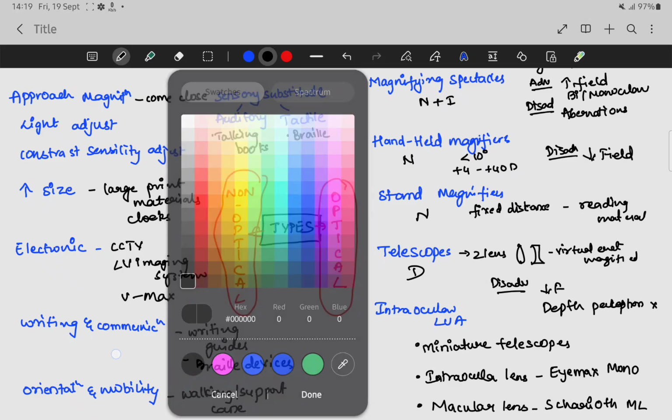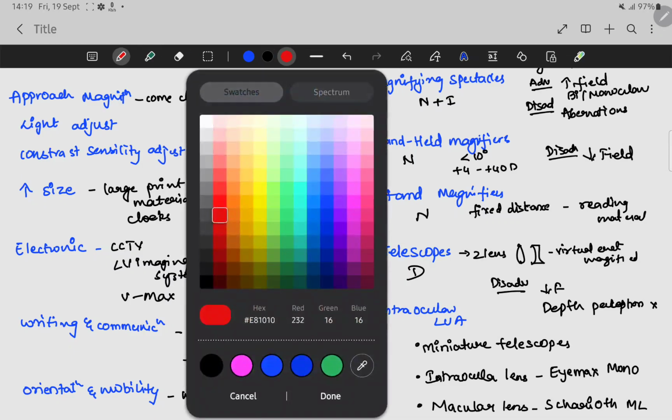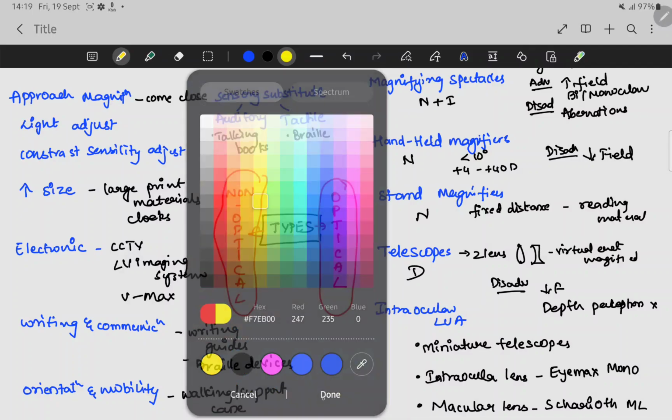We have to remember this chart. This is very important because this is the most commonly asked question. I hope this helps you to remember this topic better.